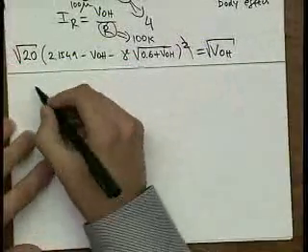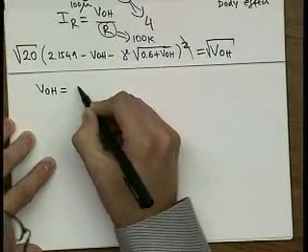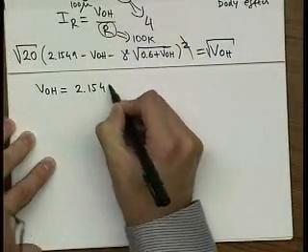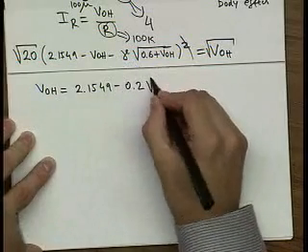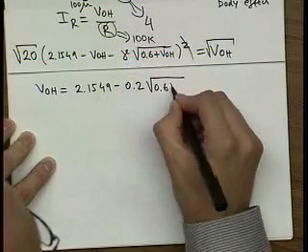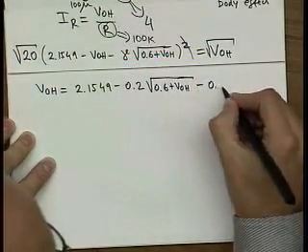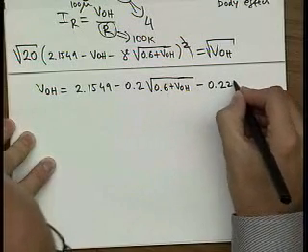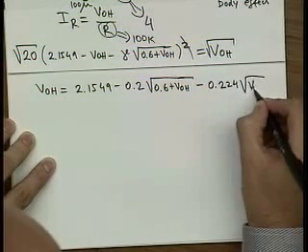So now you have basically from this expression VOH is equal to 2.1549 minus 0.2, which is your gamma, times square root of 0.6 plus VOH, minus 0.224, which is 1 over square root of 20, times square root of VOH.